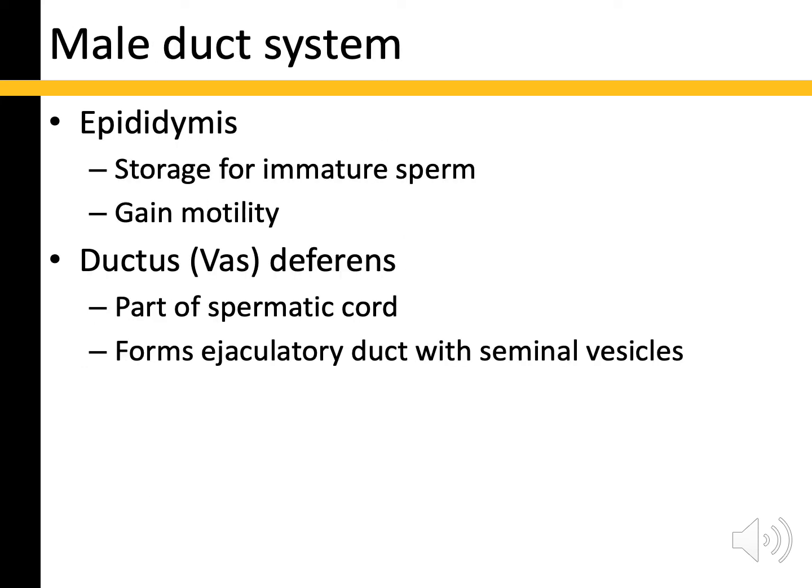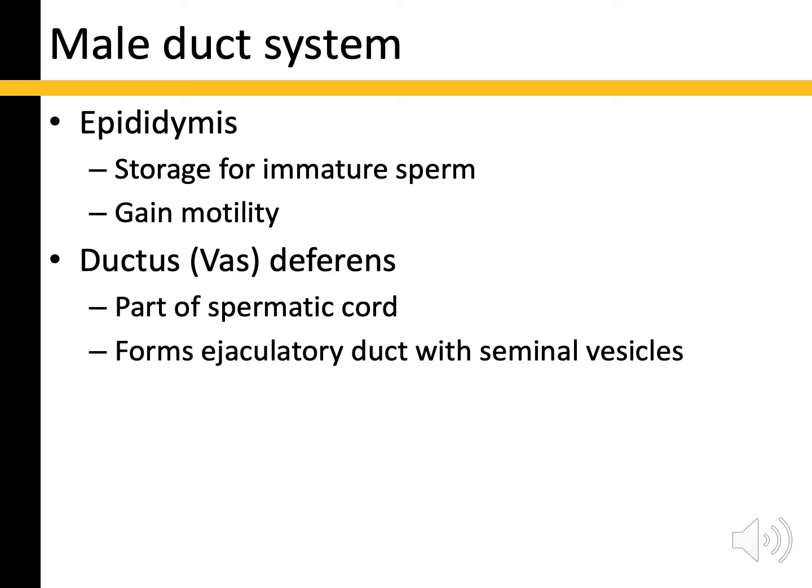Okay, so I mentioned that the seminiferous tubules converge into this storage structure called the epididymis. This is where the sperm are stored until ejaculation, and again, we'll come back to that. They're mostly immature, but they can begin to mature a little bit as they gain the ability to move. And then the epididymis turns into the ductus or vas deferens.